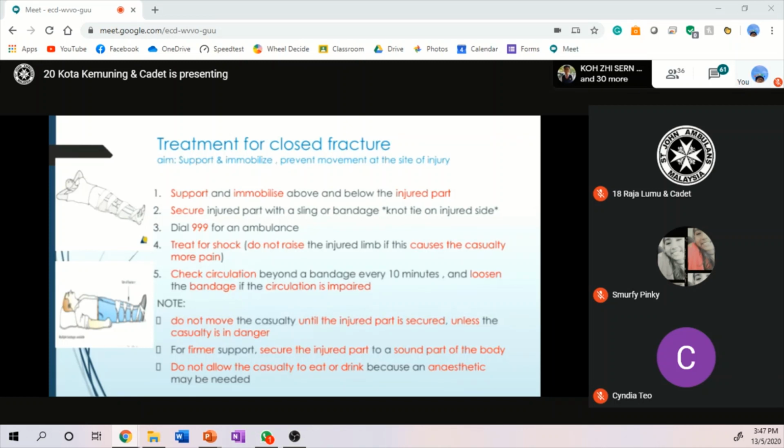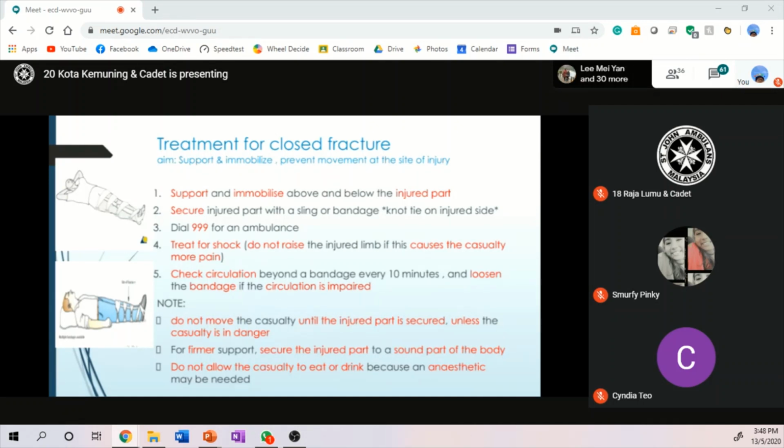Some notes: do not move the casualty until the injured part is secured. Make sure the injured part is already fixed and stable so that you can move the casualty, or else the bone will be displaced easily.